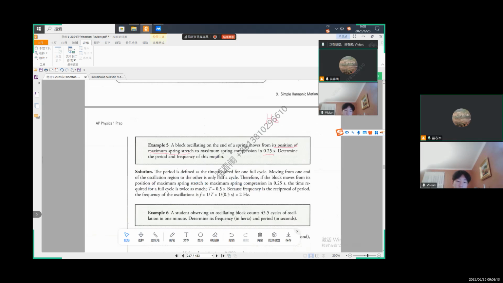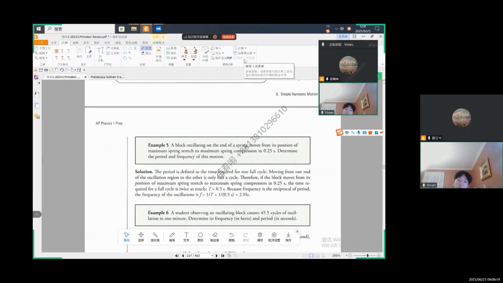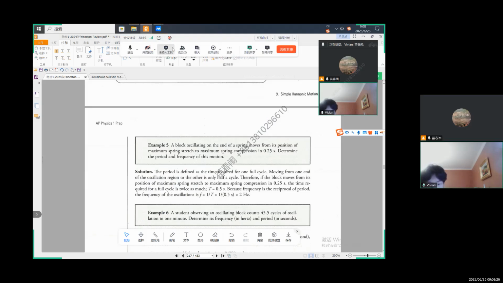Example 6. A student observing an oscillating clock counts 45.5 cycles in 1 minute.